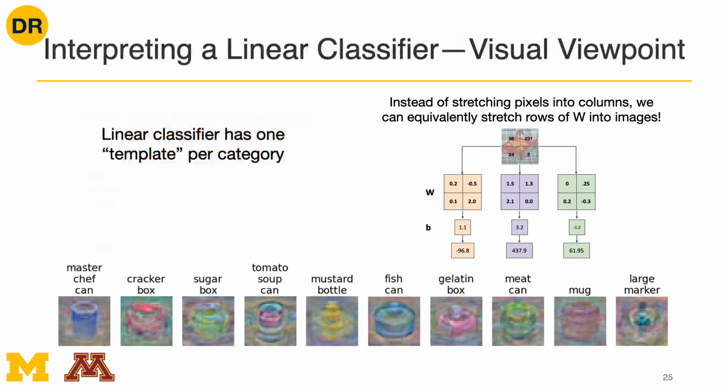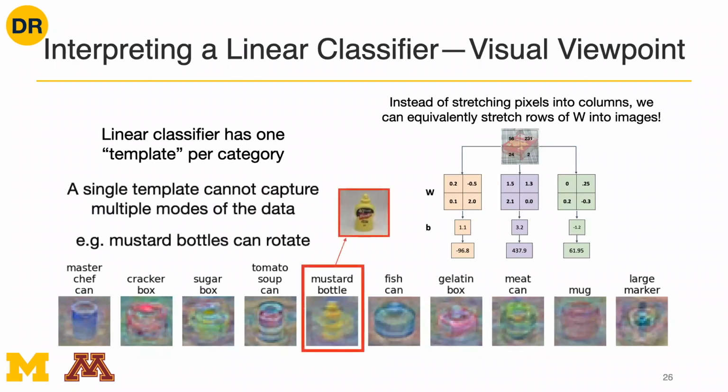And like I said, you have one template per category, but there is also a caveat to that, because it cannot capture everything about that object. It gets biased to the images that you will see in the data set. For instance, here, this is the mustard bottle, and predominantly in the data set, it's in the upright position.